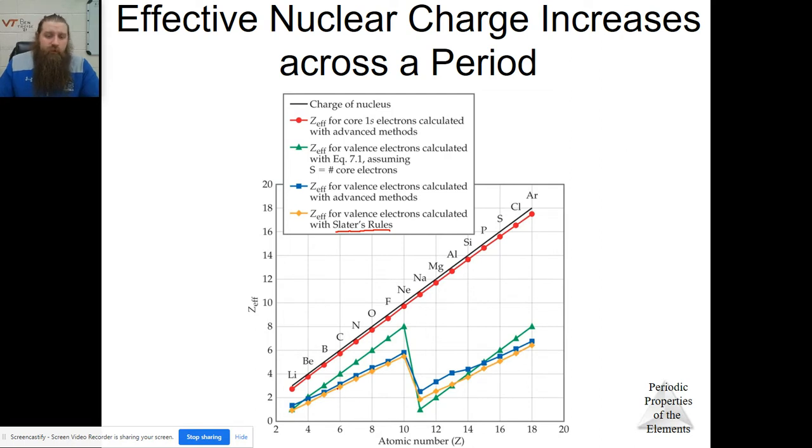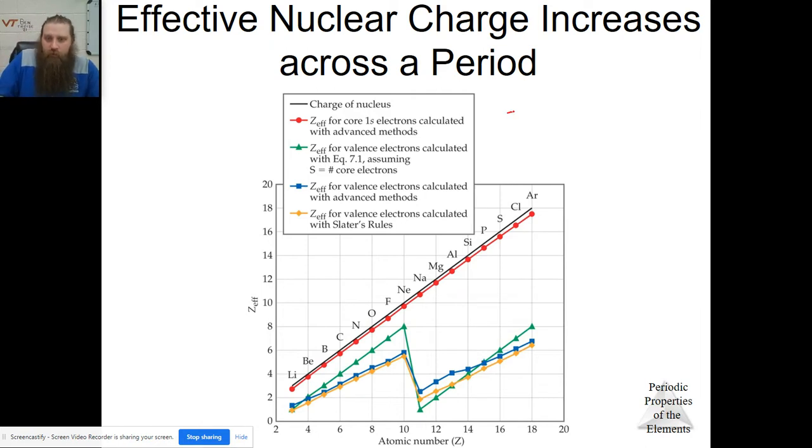So you can see that with Slater's rules, we have a happy agreement, especially right here, between that blue and that green line. Because the green line is close enough, that's what we're going to go off of. It's going to illustrate our trend well enough.